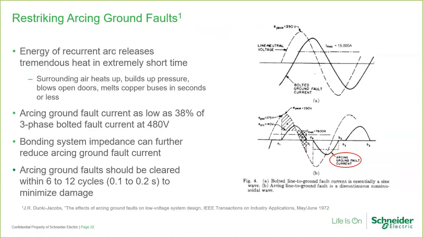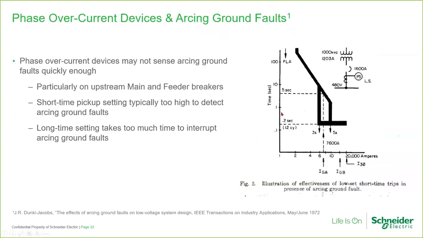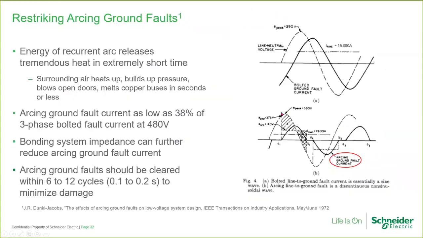Looking at the voltage waveform right here, when the line to ground voltage of the sine wave rises from 0 up to 375 volts, the arc strikes and the voltage across the arc drops to 140 volts, as is shown right here. The applied voltage, however, is still higher than 140 volts and causes the arcing current to continue to rise.